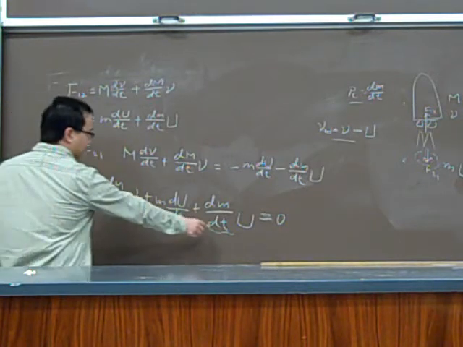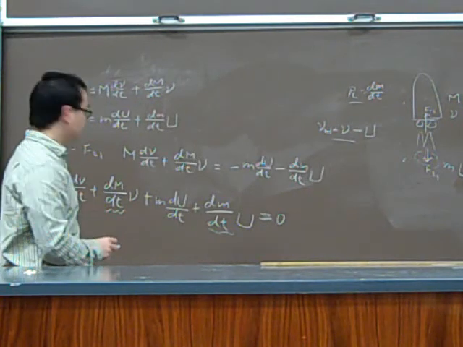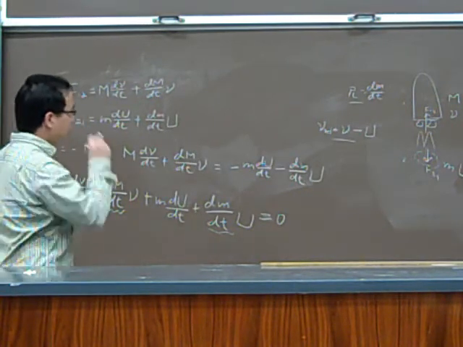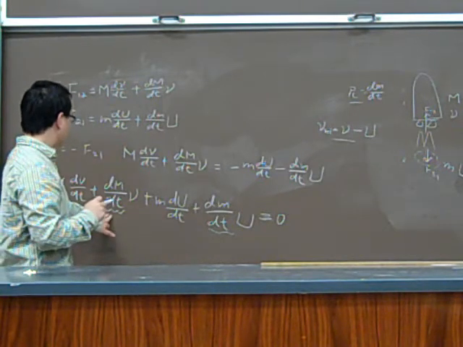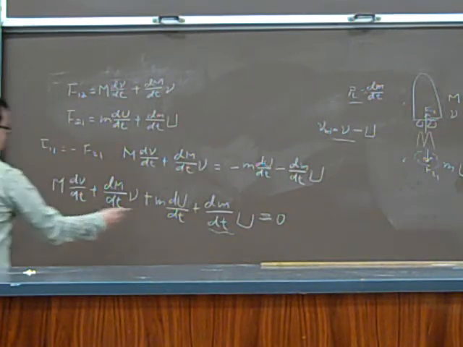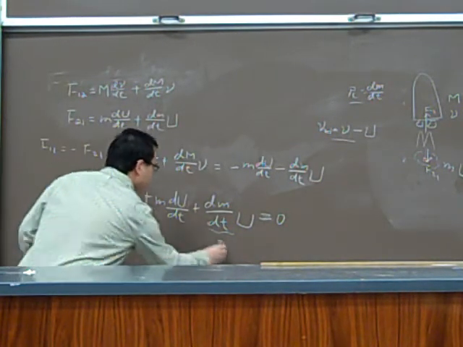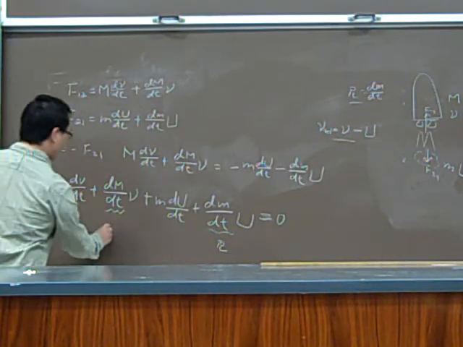So both of them should be written as r. Okay. So let's see, dm over dt, this is the capital dt. So this one should be r, and this one is, because that's decreasing, negative r, right?